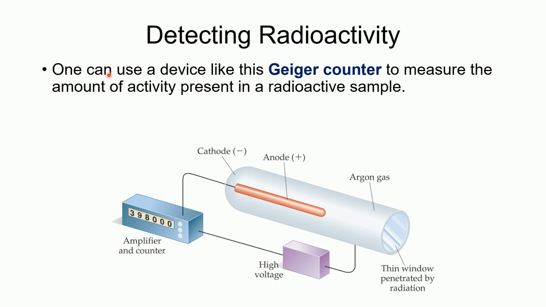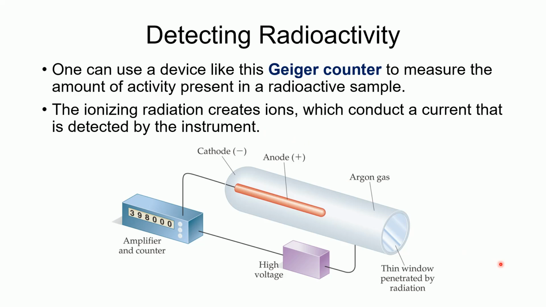But for now, we will say a Geiger counter is just a way of measuring the activity in a radioactive sample. So here there's just a counter, a cathode, and an anode. There is a window on the front of this tube, and inside the tube there is argon gas.